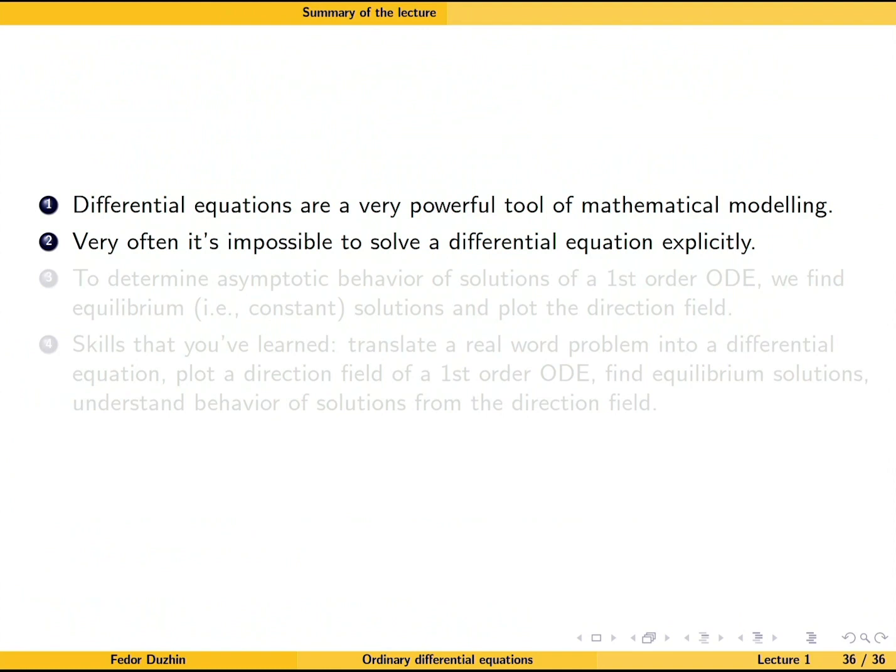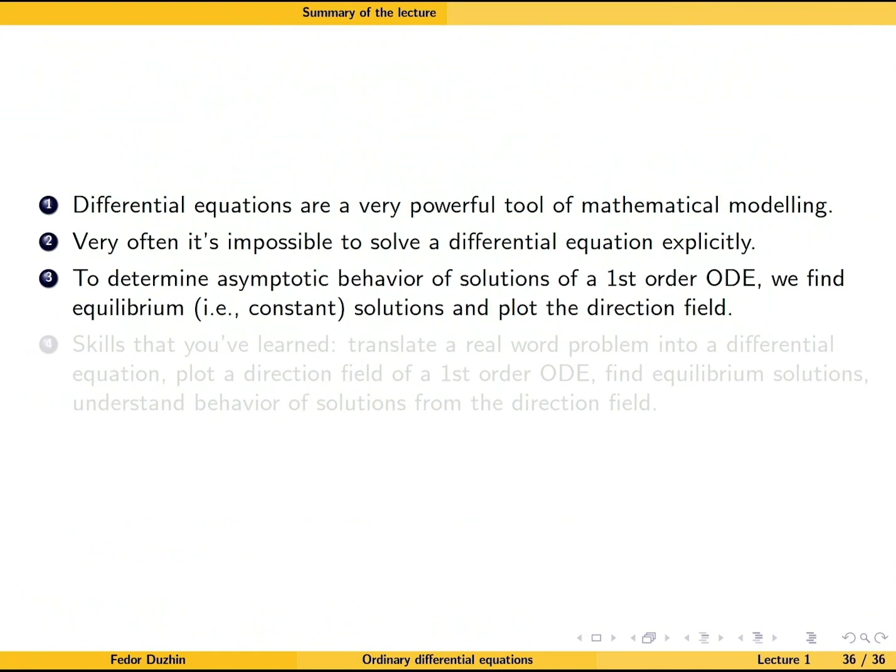Usually, if I just give you a differential equation out of nowhere, it's impossible to solve it explicitly. Those little modeling examples that we saw today can be solved explicitly, but it's not always the case. And when one differential equation can be solved explicitly, a system, especially a nonlinear system, has no chance of being solved explicitly.